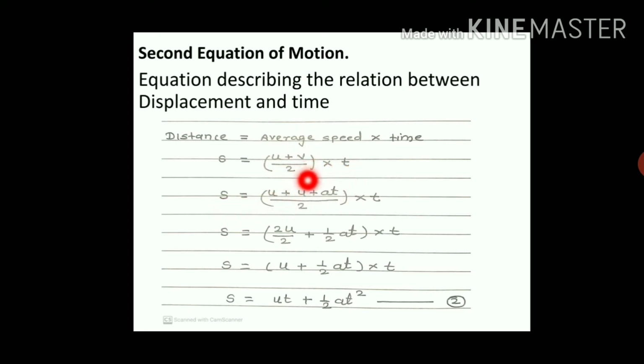By using the first equation of motion, instead of this v we put the value u plus at, because v is equal to u plus at. By putting that value we obtain s is equal to u plus u plus at divided by 2 into time. s is equal to 2u upon 2 plus 1 upon 2 at into t.